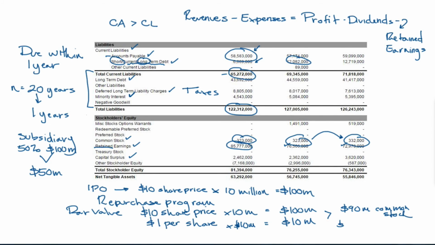And then 10 million is going to get reported as a capital surplus. And I know this is real confusing because essentially the company is designating money in different areas, but that's kind of a simple example.